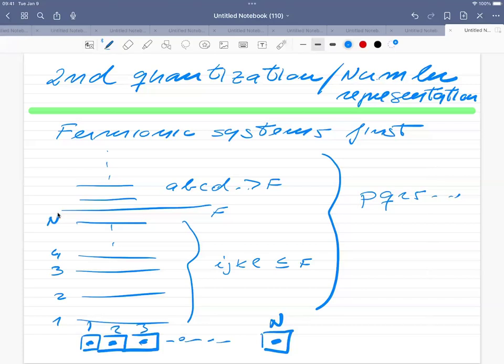Now, if you have n such states, so this is the total number of states I'm dealing with, that is a truncation, because in principle, n is less than infinity. If I take the harmonic oscillators on computational basis, I have an infinity of states.